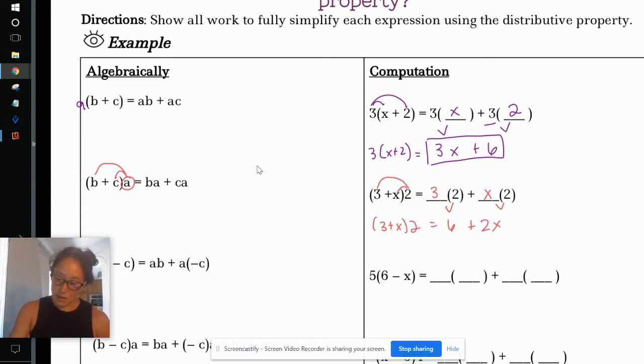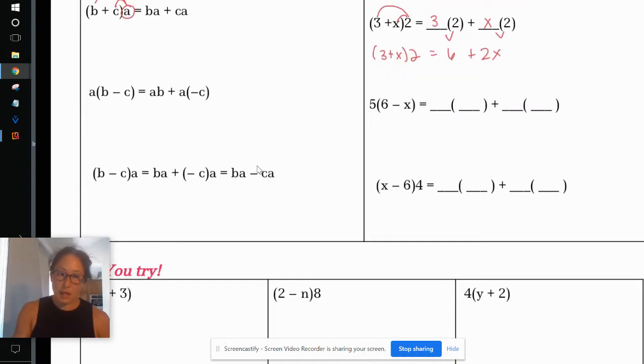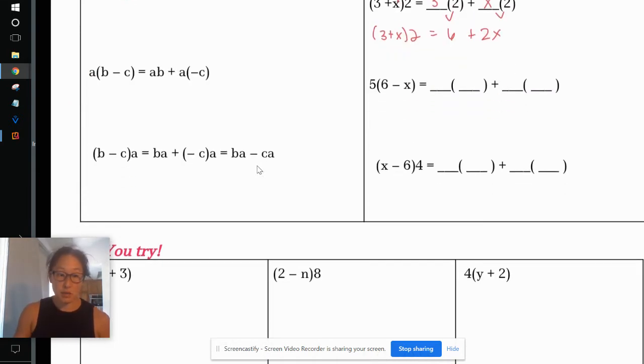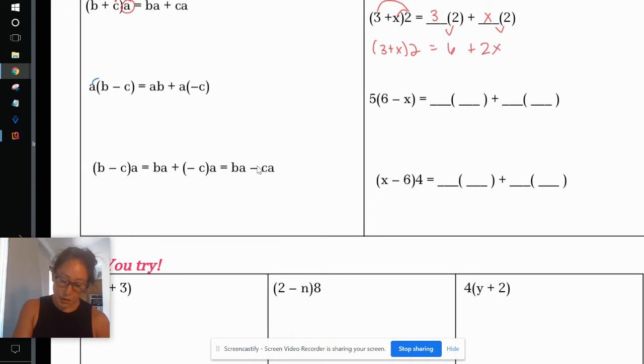All right, next. If I have a subtraction, here's what we do. I'm going to go ahead and multiply both numbers inside the parentheses by a, but make sure you use a negative sign inside the parentheses, and then it'll all simplify out. So we get 5 times positive 6, plus 5 times negative x.